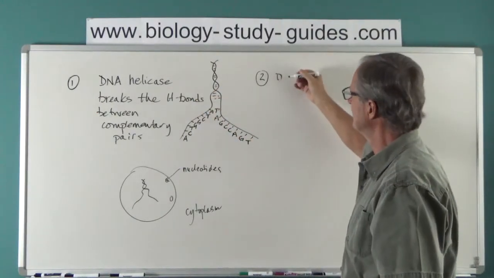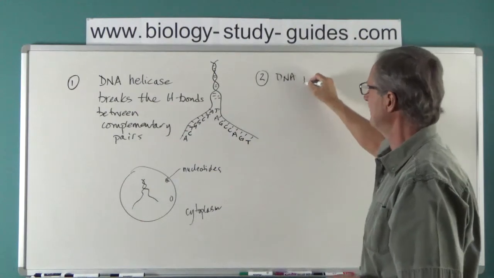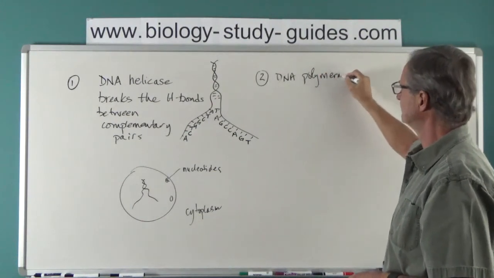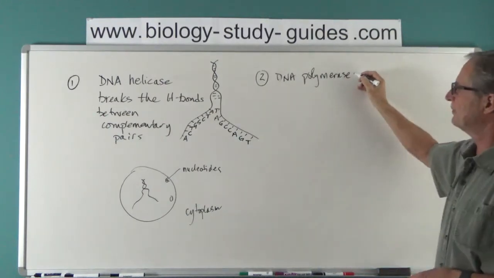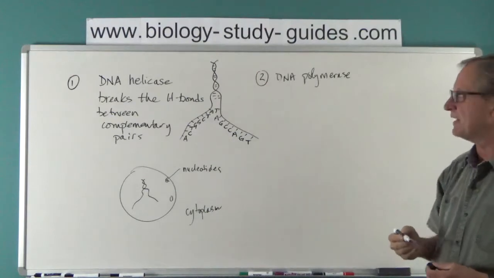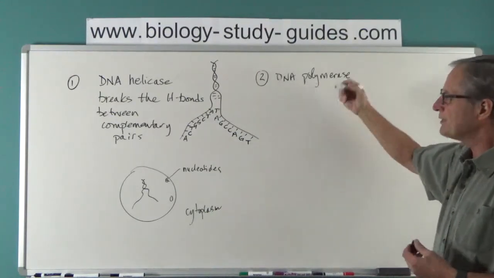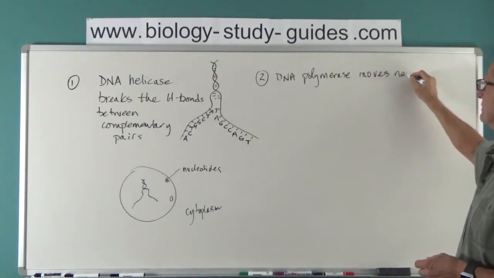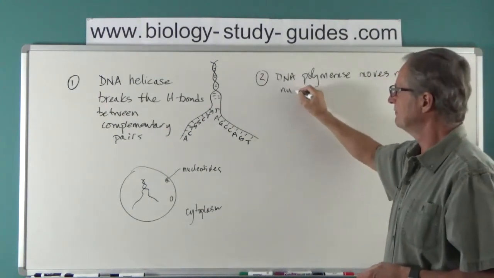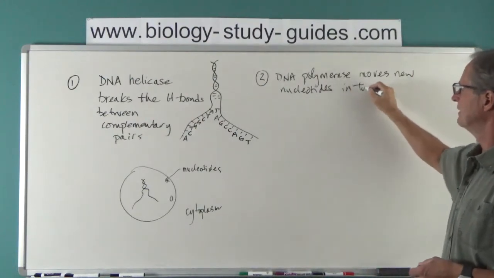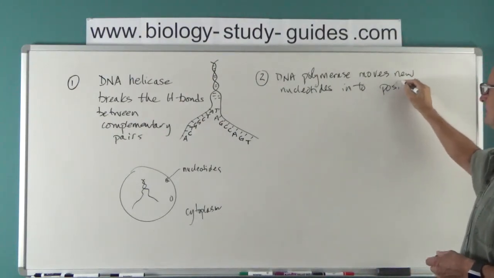This one, DNA polymerase, the DNA polymerase is a group name for enzymes. There's lots of different DNA polymerases. This one in particular moves new nucleotides into position.